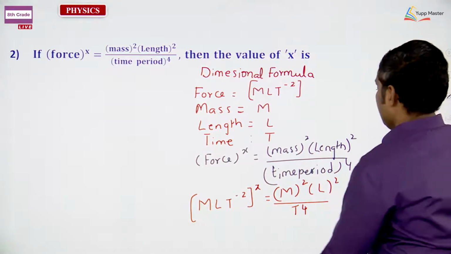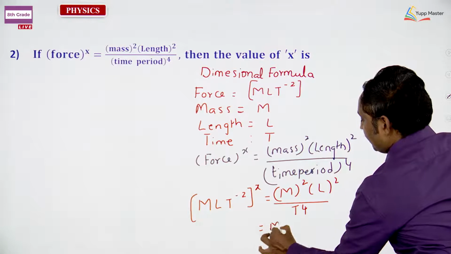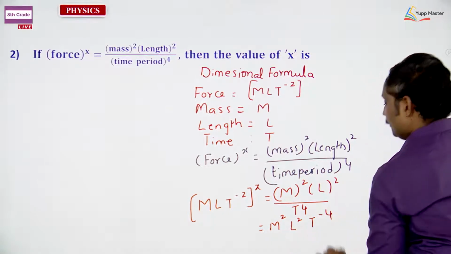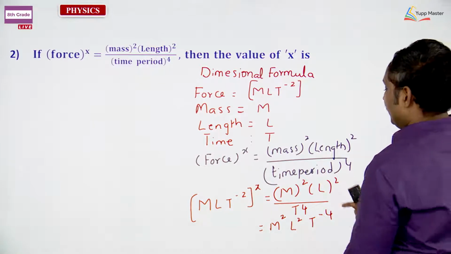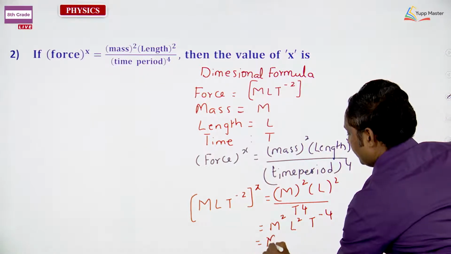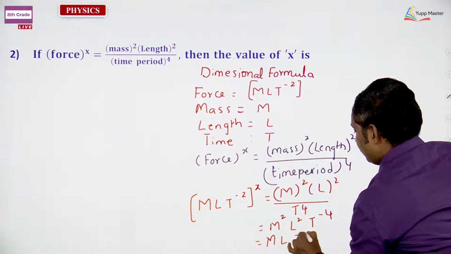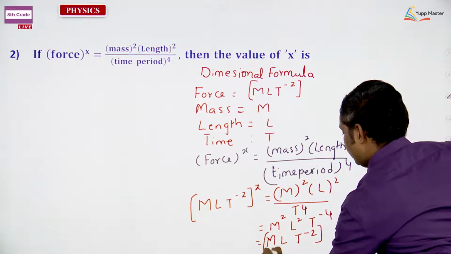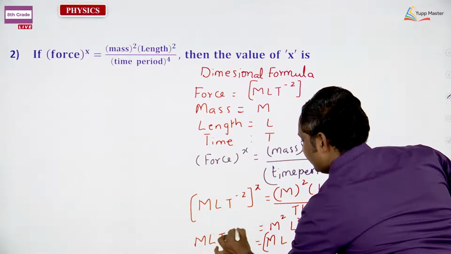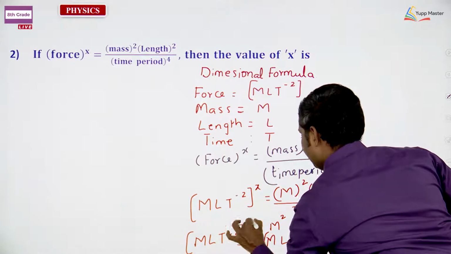This is very clear. Now, finally, you can get m square L square t power minus 4, and you can express that as m L t power minus 2 whole power 2. So, ml t minus 2 whole power x is equal to that.